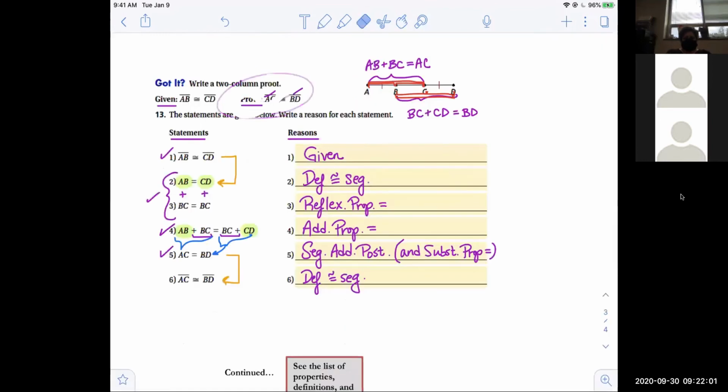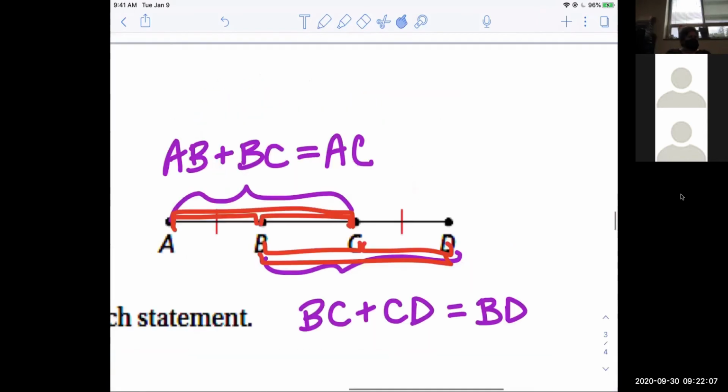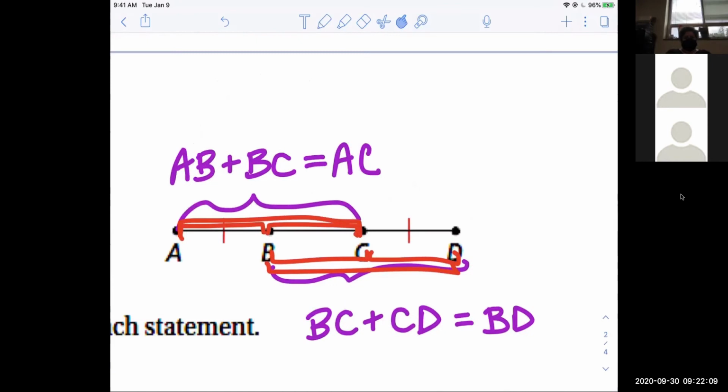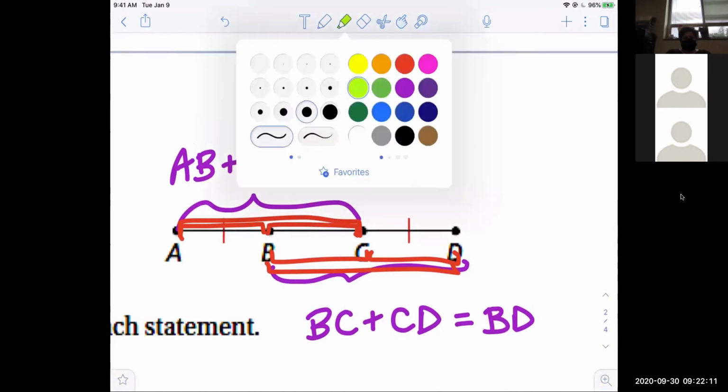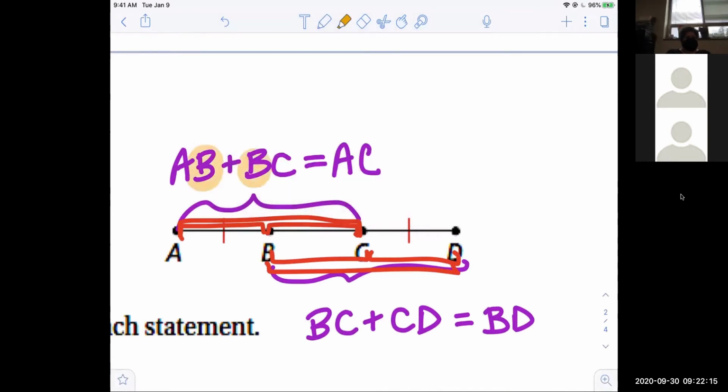Okay, let me go back to why this looks like it's transitive. Segment addition postulate is often confused for transitive because you're seeing that B there is the same, and you're trying to cancel that out and relate A to C. And I get why you think that looks like transitive. However, why is B showing up in both of those expressions?